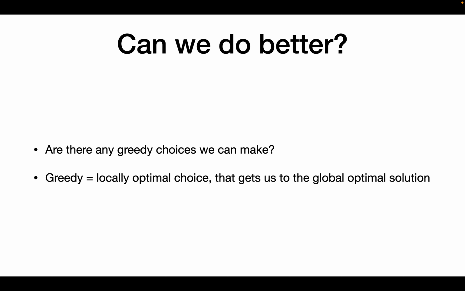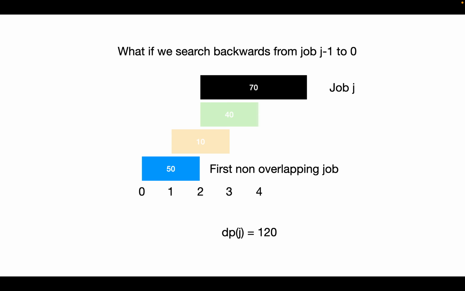So can we do better? What if we search backwards from job J minus 1 down to 0, right? So we're looking at the black job as job J, and we just search backwards looking for the first job that doesn't overlap.